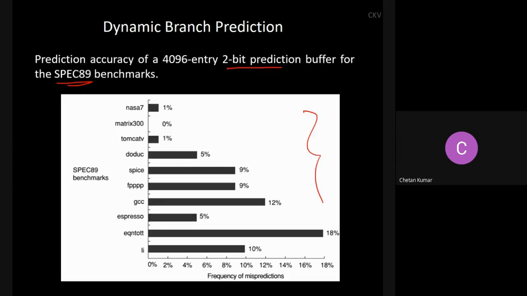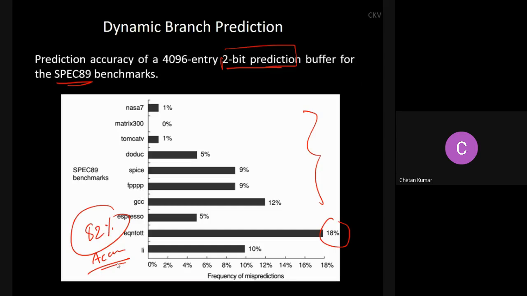And if you analyze, as we have seen, the branch misprediction is at the max 18% only. Meaning 82% of the time your 2-bit branch prediction is giving you good results. 82% accuracy in prediction, so that is good enough, right? Imagine predicting correctly 82 times out of 100.